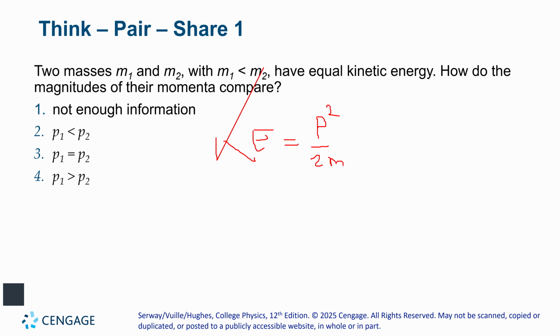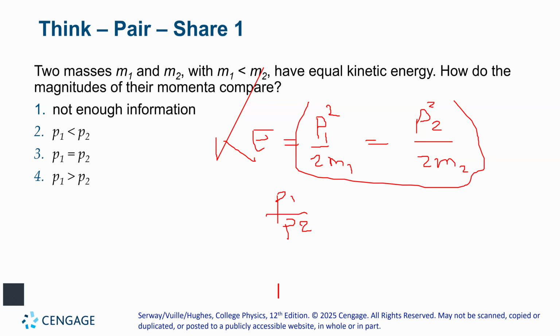Since both kinetic energies are equal, we can write that P1 squared over 2m1 equals P2 squared over 2m2. And we want to know how P1 relates to P2? So for that, we'll manipulate this equation.